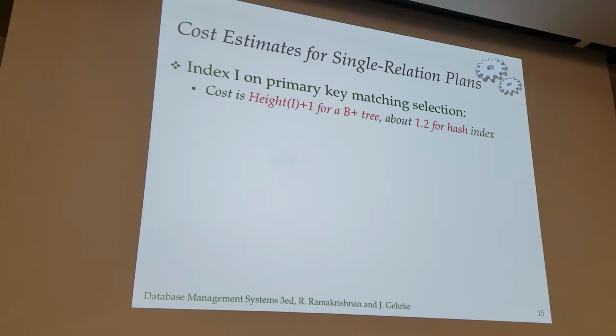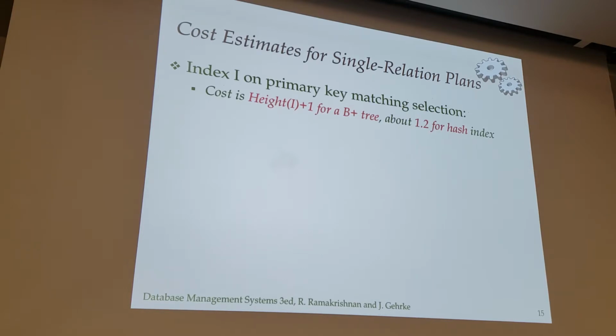So basically, if you have an index on a primary key that matches the relation, then, and often again top pages of the index are going to be in memory, but if we assume nothing of the index is in memory, then the cost of being able to access based on the primary key is going to be cost of the index +1 for a B tree to access the data, and the reason it's +1 is it's a primary key, so there's only one record you have to get.